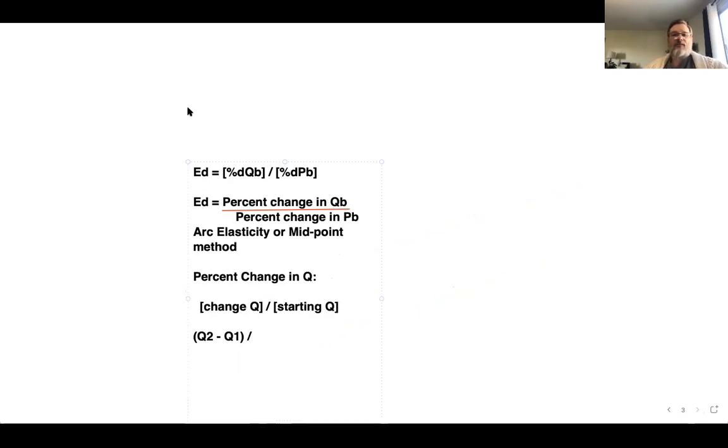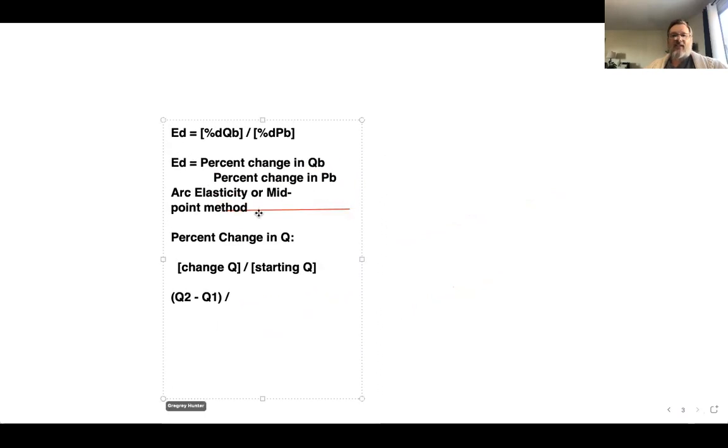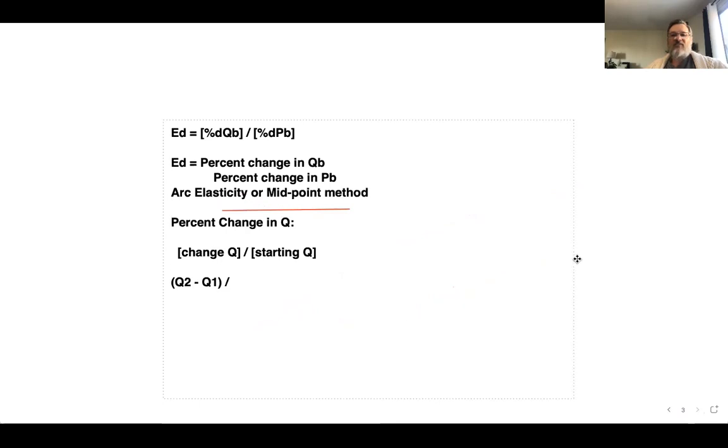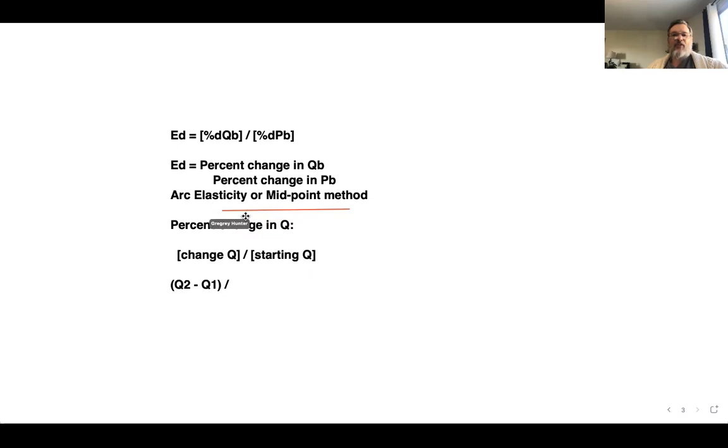It turns out that it's not the only method for calculating elasticity, but it's the one that's preferred for some good reasons that they detail in your book.